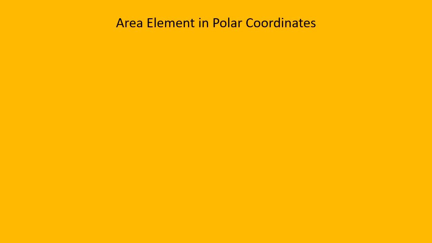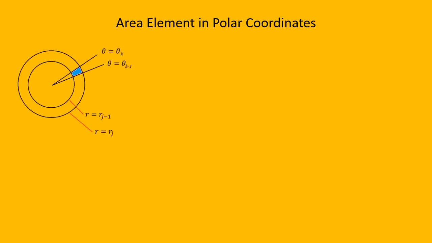So what kind of area element are we going to use in polar coordinates? Let's consider this picture. Right here is the pole, and we have two concentric circles with that pole as the center. This one has the equation r equals r sub j minus 1.